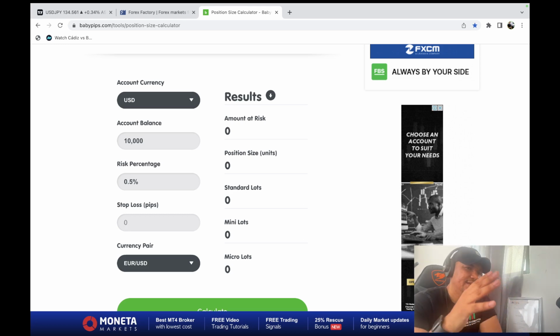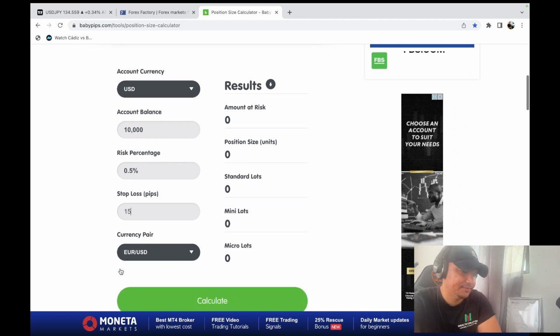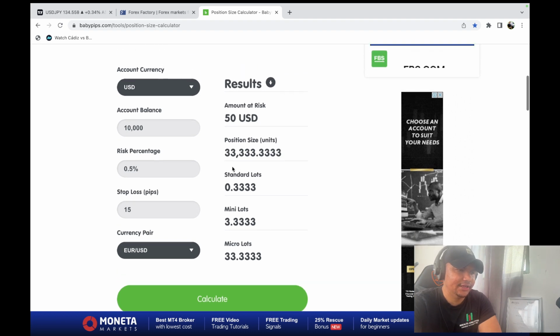Let's assume you're trading not the Nasdaq, the Euro USD, and your stop loss needs to be 15 pips, right? Now you say calculate. Now they tell you that if the stop loss is going to be 15 pips, the recommended lot size for you to risk 0.5% of your account, which is $50, is 0.33.